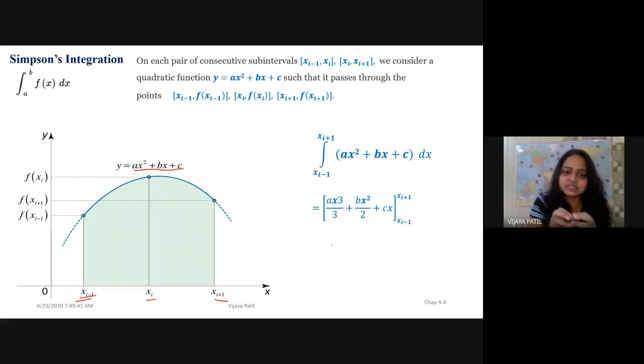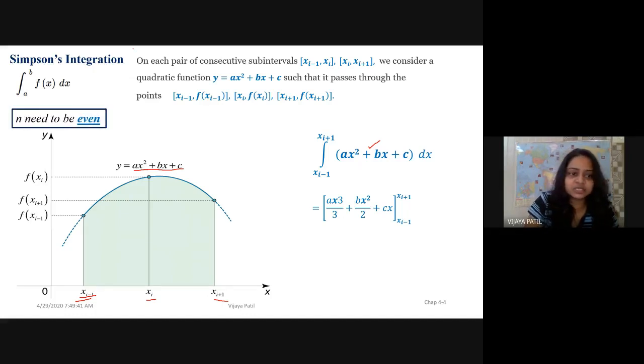I'll show you a few steps just to give an understanding of what exactly we are doing here. We are finding this integral, which is the area under this curve. I have got my function, and I have got the points between which I want the integral. After simplification, we'll get this integral.